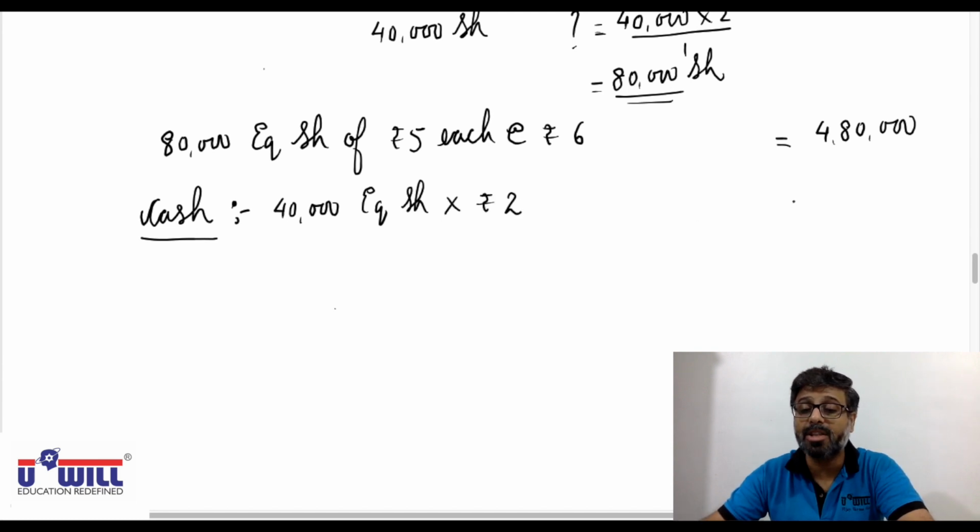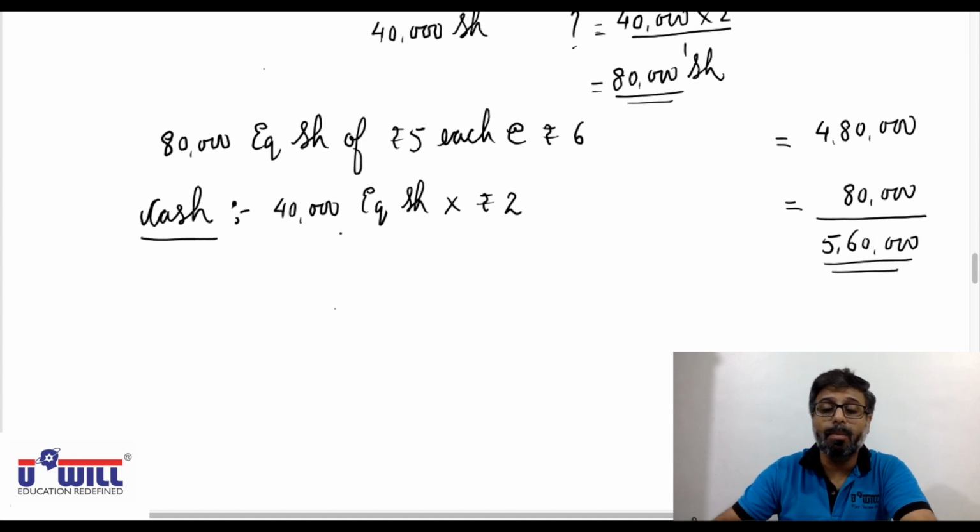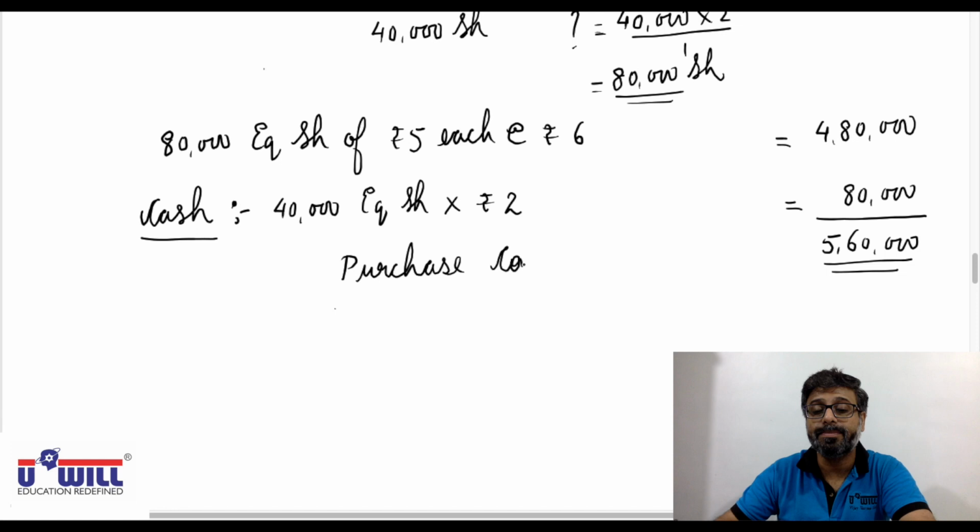How much cash will be paid? 80,000. 4 lakh 80,000 plus 80,000, 5 lakh 60,000 is the purchase consideration for B Limited.